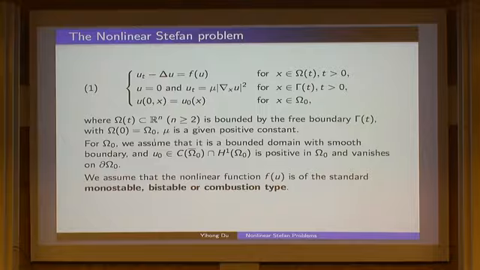And for this f of u, we assume that it's one of these three standard nonlinear functions. I'll explain in a moment a bit more about what is monostable, what is bistable, what is combustion.